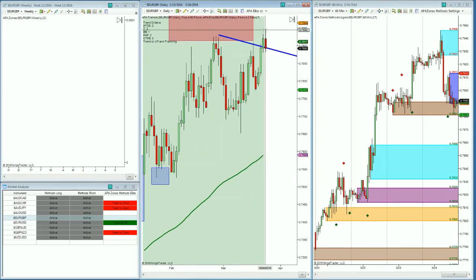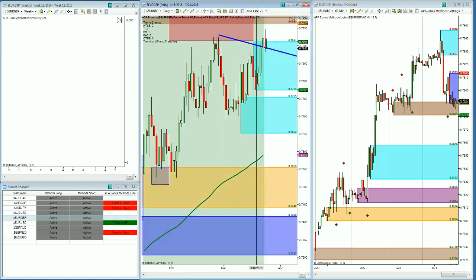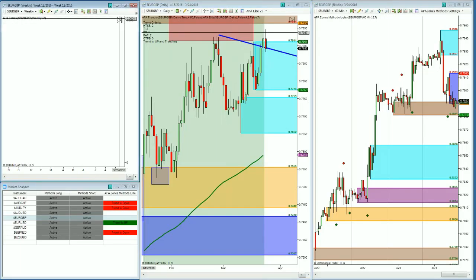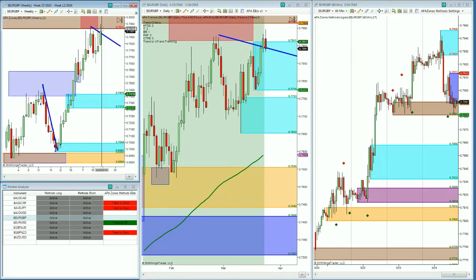I would say that the trend is still to the upside, and again, we're just waiting for that good position to come along. We're looking to see how can you jump into the trend with minimal risk and jump into one of these new levels here in that direction. The other way to play it would be a counter trend out of the big weekly level.